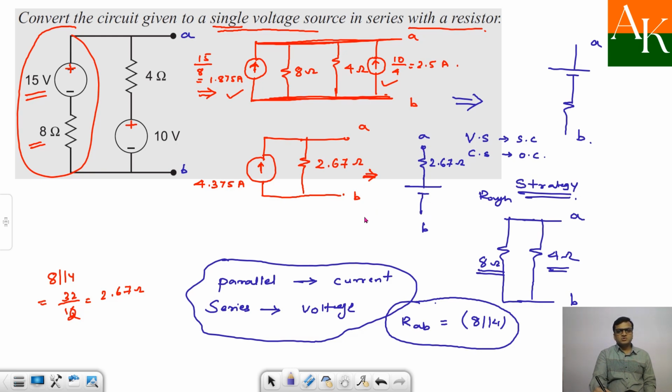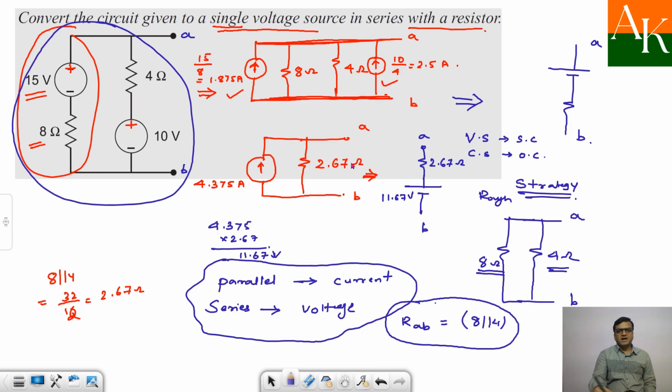And the value of the voltage source is 4.375 into 2.67, so that turns out to be 11.67 volt. So here I am writing 11.67 volt. So the given circuit can be replaced by a resistance of 2.67 ohm in series with a voltage source of 11.67 volt. So that is all about this numerical.